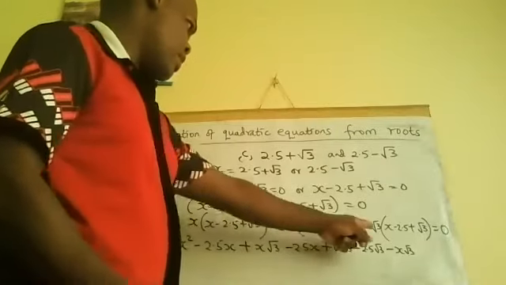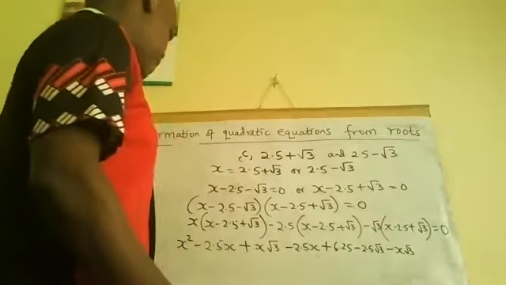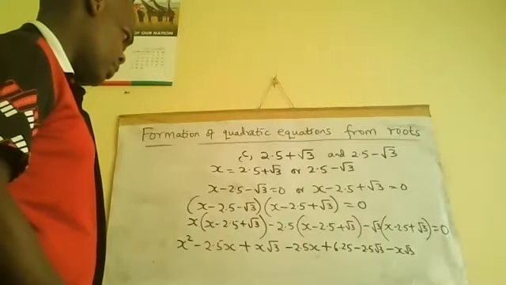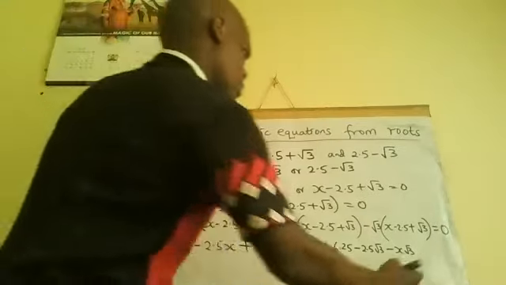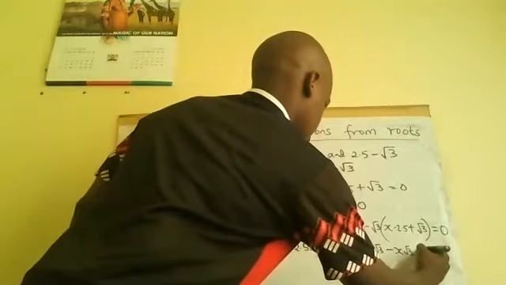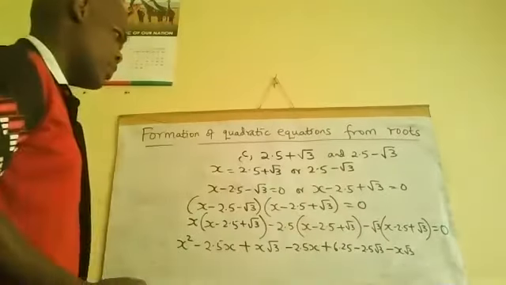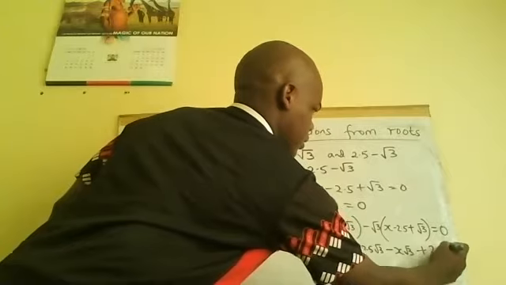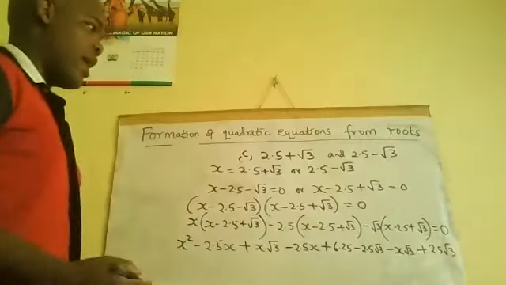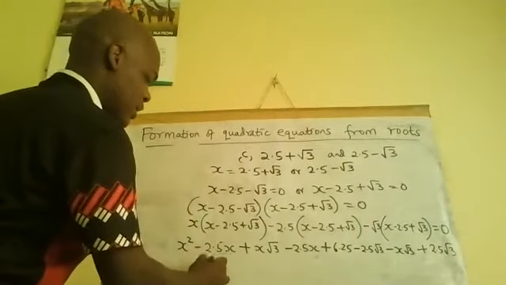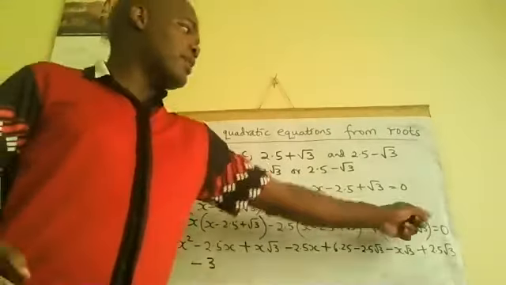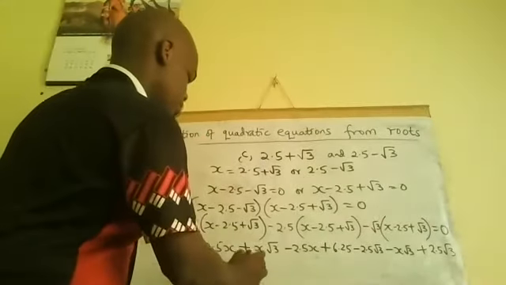So we are going to have here plus 2.5 plus 2.5 square root of 3 and then minus 3. So minus 3 is equal to 0.